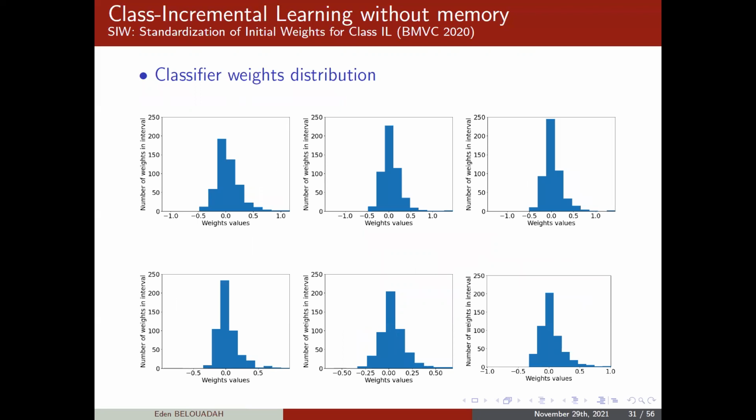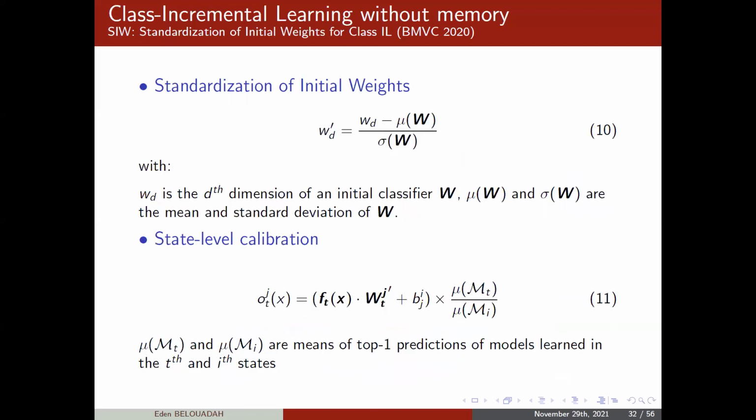We did a study on the weights that are in the last classification layer, and we found that they follow a normal distribution, as we can see in these figures. So we simply propose to standardize all the weights matrix for past and new classes, and we follow it by state mean calibration. And this is the same calibration that we used in our method IL2M.